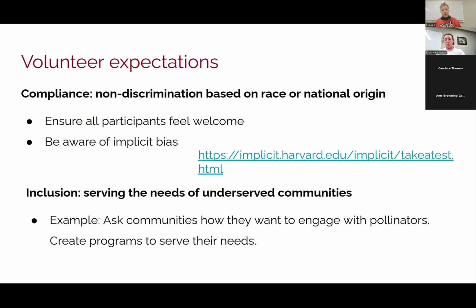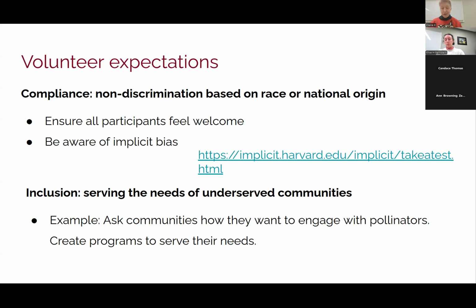We can also look at what this means for non-discrimination based on race or national origin. So again, making sure that all participants feel welcome. With this, it can be really important to be aware of implicit bias. There is a resource that I really like that is a test for implicit bias that was put together by some researchers at Harvard.